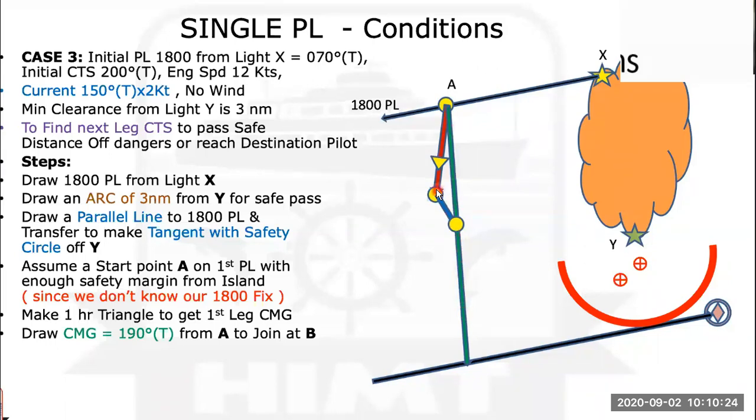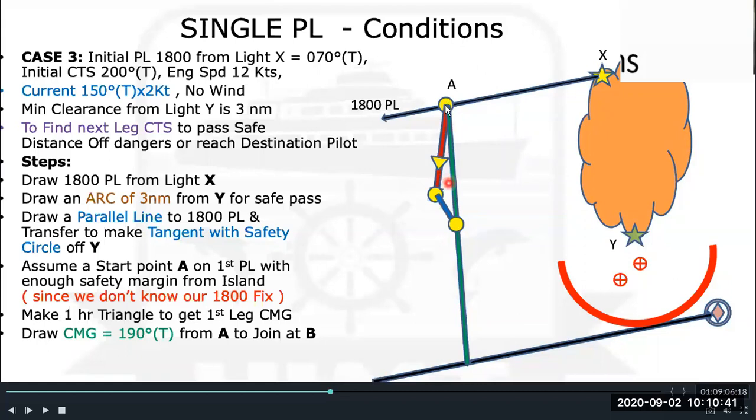So obviously initially the ship is moving on the course to steer, and the current acts on it later on. So we will put the current in the end in the allowing method, and finally we get the course made good. So this is a 1 hour triangle. We were given the course to steer of 200.